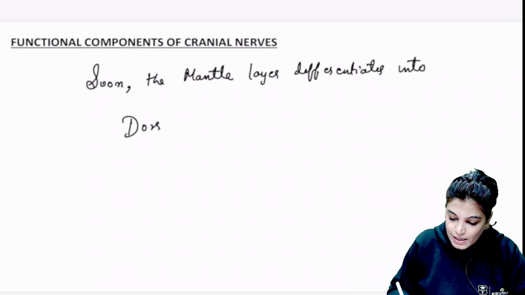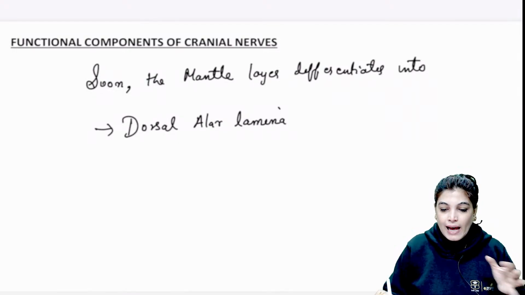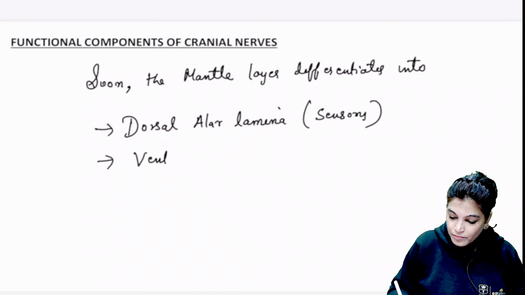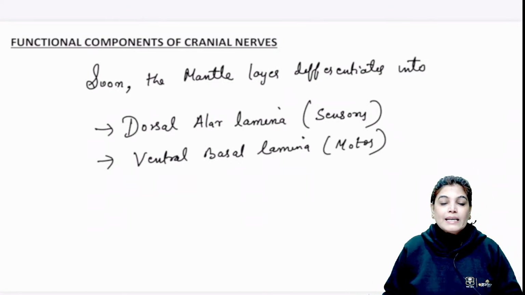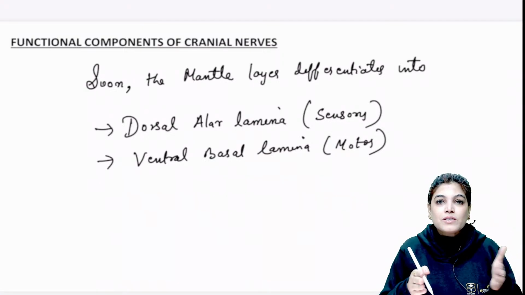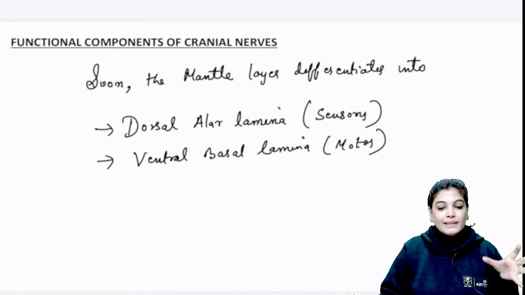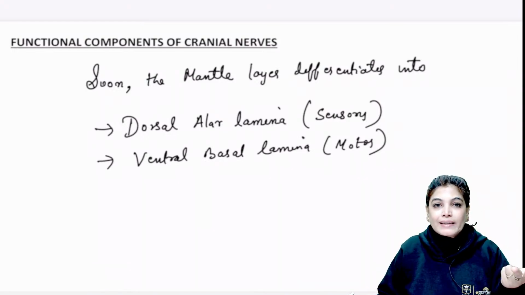So here the dorsal part is called the alar lamina. And my dear students, please note down that the dorsal alar lamina is the sensory component and the ventral basal lamina is the motor component. The mantle layer was formed of gray matter, and the gray matter is differentiated into two parts, ventral and dorsal.